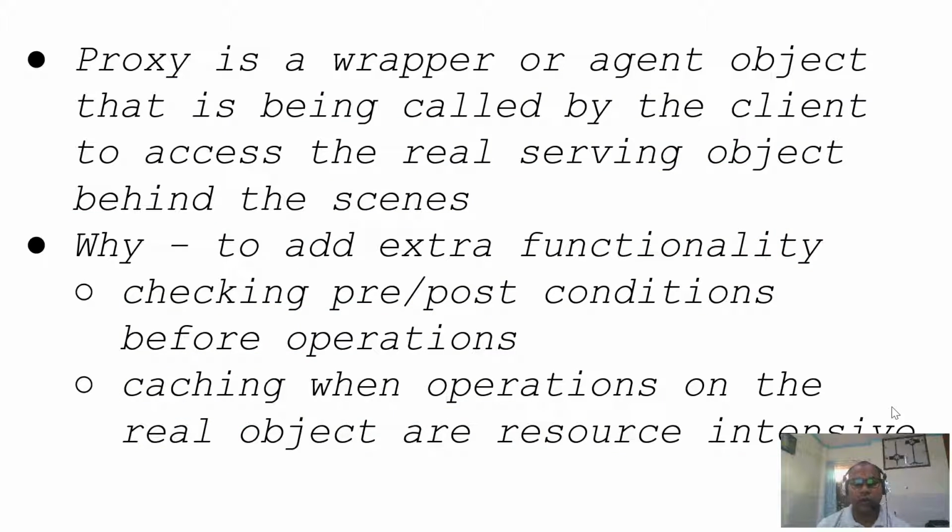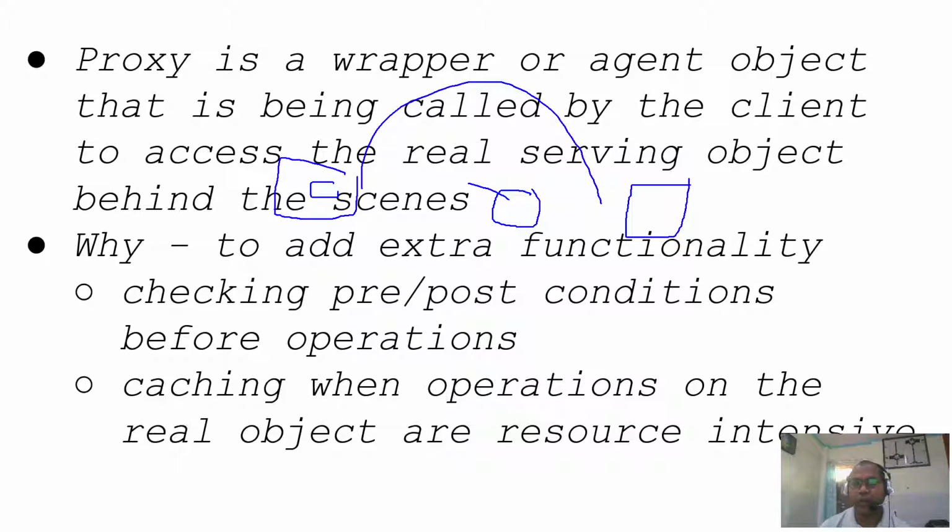So the simple meaning is that a proxy is an object that can work on behalf of another real entity. The client cannot directly work with the actual object, but the client can work with your proxy, and the proxy can internally invoke your actual servicing method.